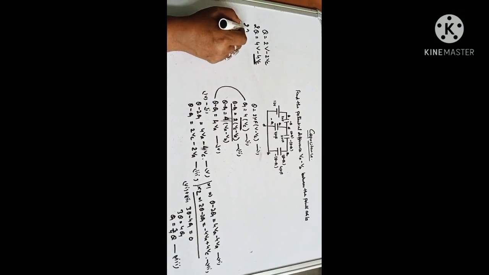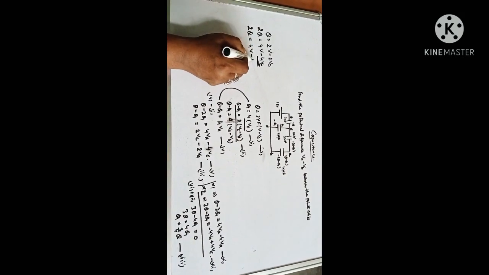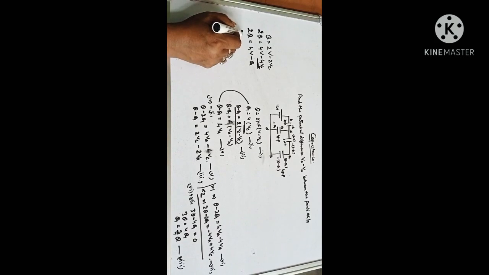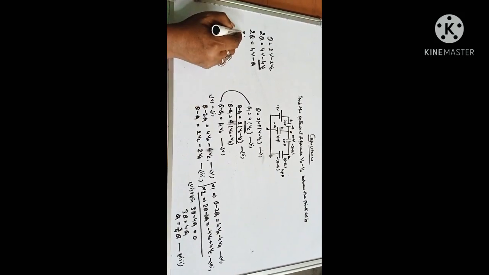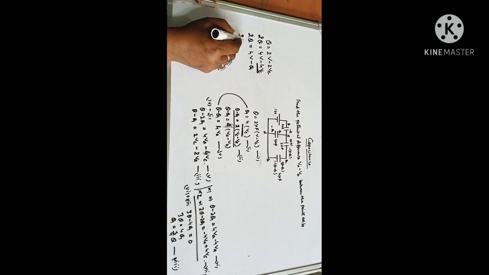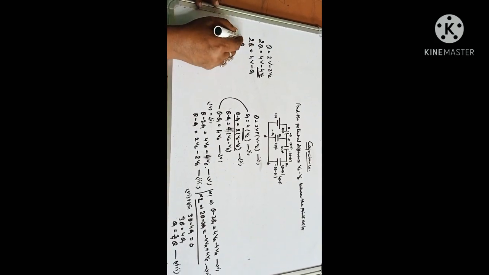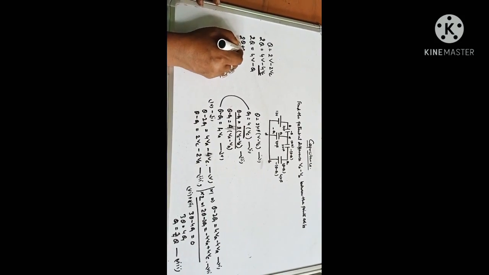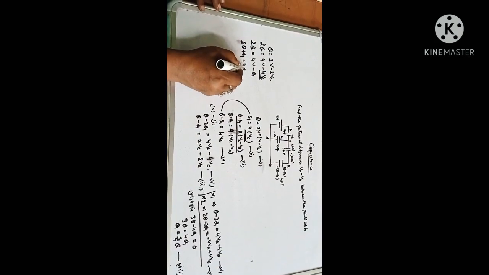So 2q is equal to 4v minus q1. So 2q plus q1 is equal to 4v, and V is 12, so 4 into 12.